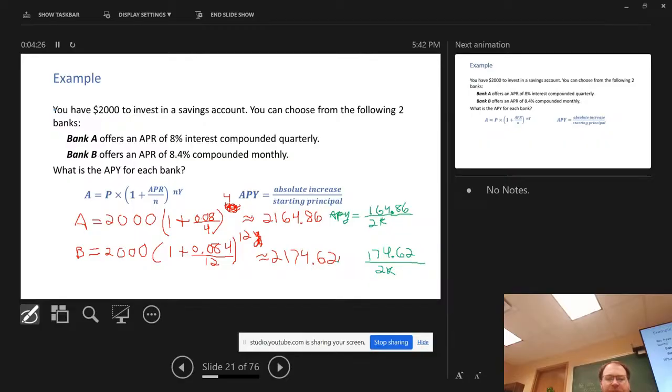For that APY, it looks like the first one would be 8.24%, and then the second one would be 8.73%.